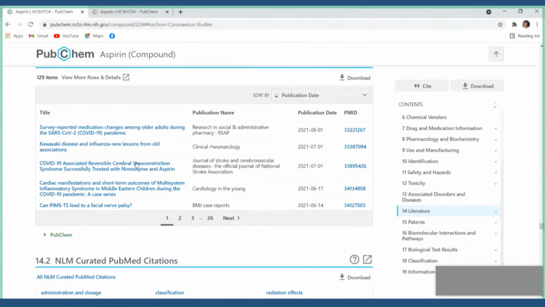That is what we call drug repurposing. Aspirin is basically for fever and pain, but they tried it on another type of patient, COVID-19 patients, and it reversed the damage.